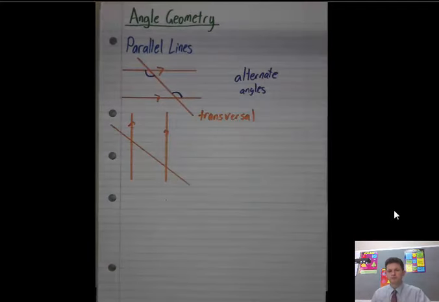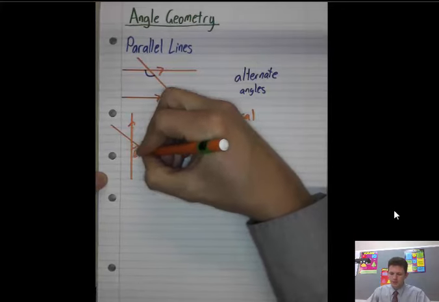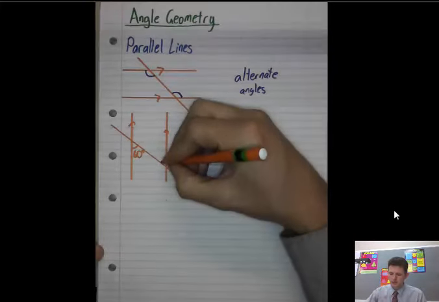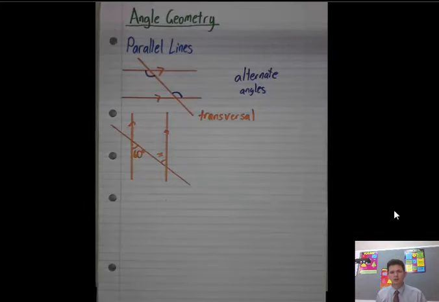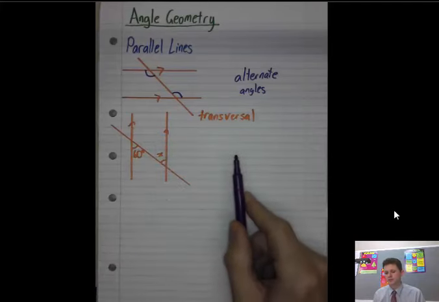Okay, so if we have something like this and we're told that this angle here is 60 degrees and this angle here is unknown, we identify the relationship that inside the parallel lines, opposite sides of transversal, the alternate angles.